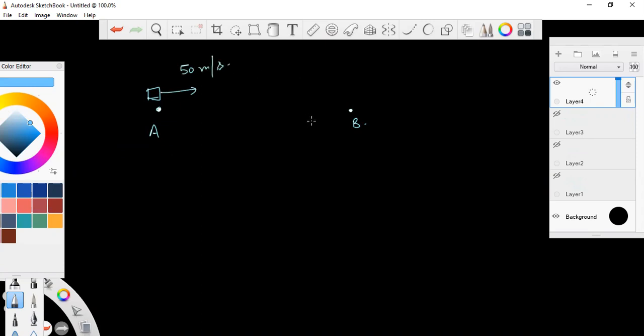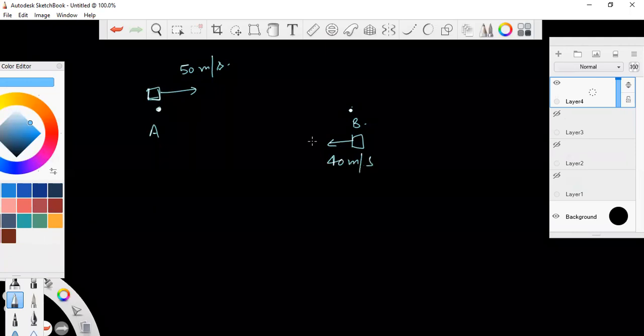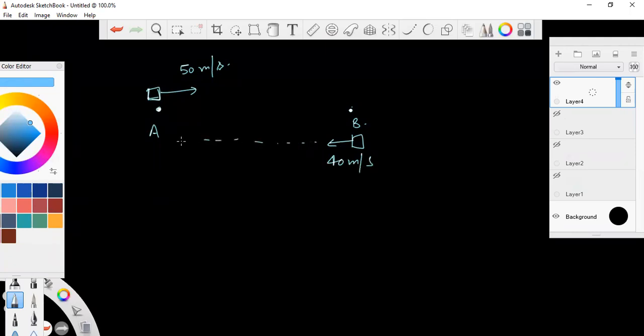If you know this already, write your answer in chat. Don't speak it. Then this object reaches B. Once it reaches B, it starts moving in this opposite direction with this velocity of 40 meter per second, constant velocity throughout the B to A path. And here A to B, constant velocity of 50 throughout the A to B path.